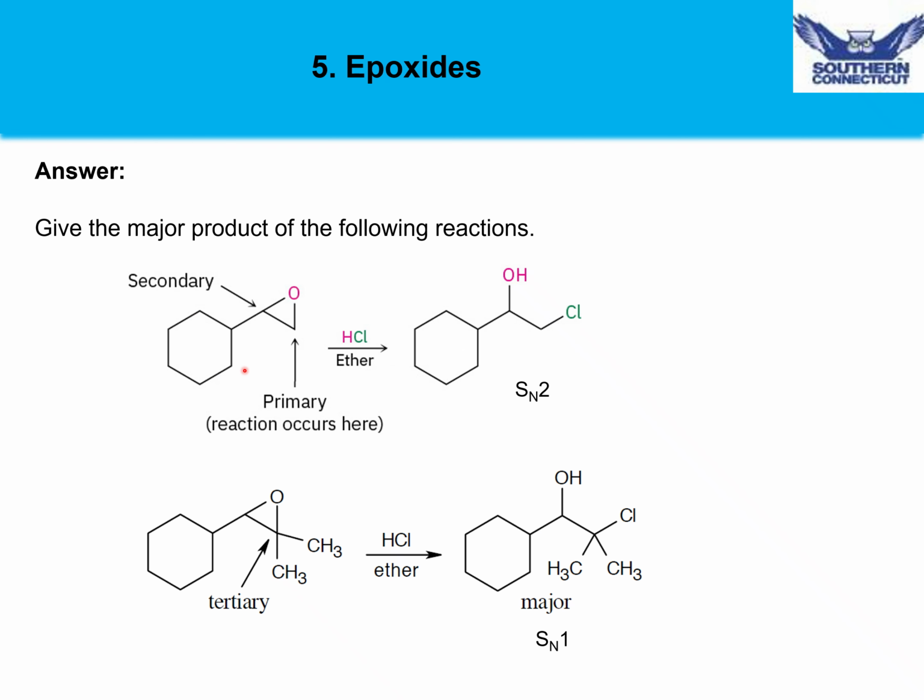In the first example, when we add HCl, the chlorine will do an SN2 type reaction and add to the primary carbon to give us this trans halohydrin. However, if we have an example where there is a secondary carbon and a tertiary carbon, the reaction will undergo more of an SN1 type reaction, and the chlorine will add to the more substituted carbon, giving us this as a product.